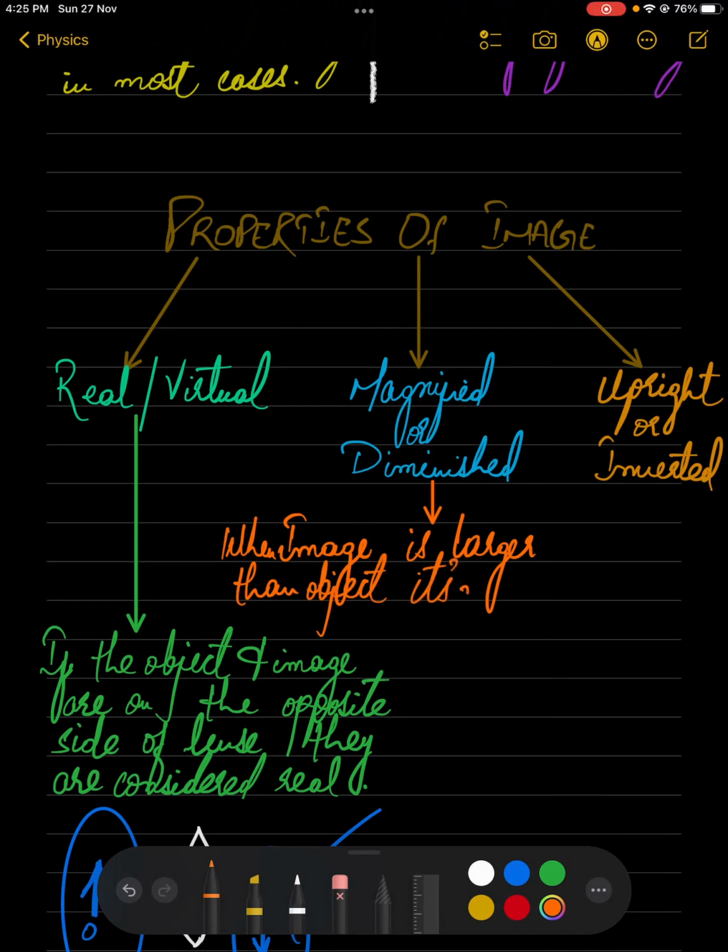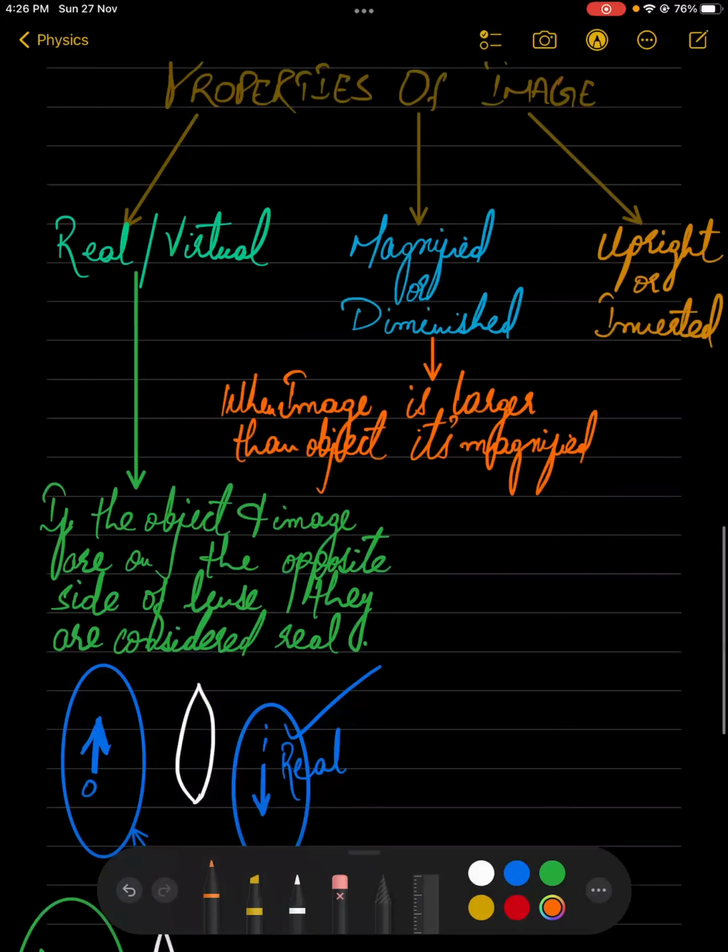It's magnified. So whenever you have an image which is greater than your object in size, तो इसको हम क्या कहेंगे, मैग्निफाइड कहेंगे. और अगर हमारी इमेज हो जाए छोटी तो हम उसको कहेंगे डिमिनिश्ड.